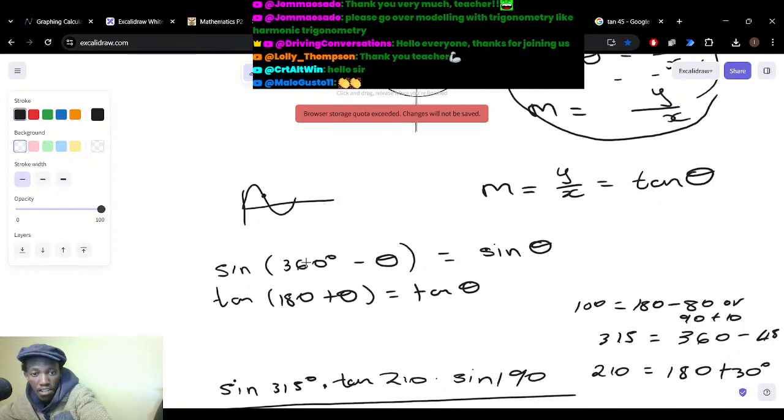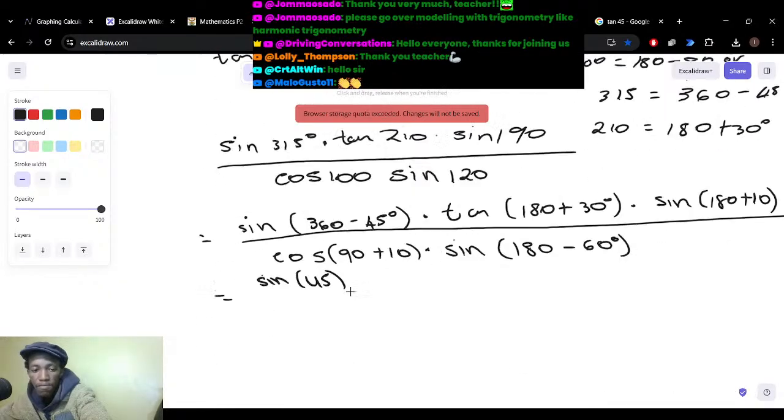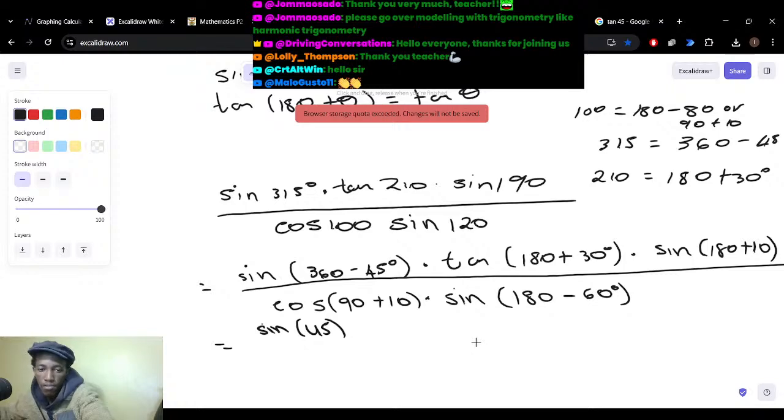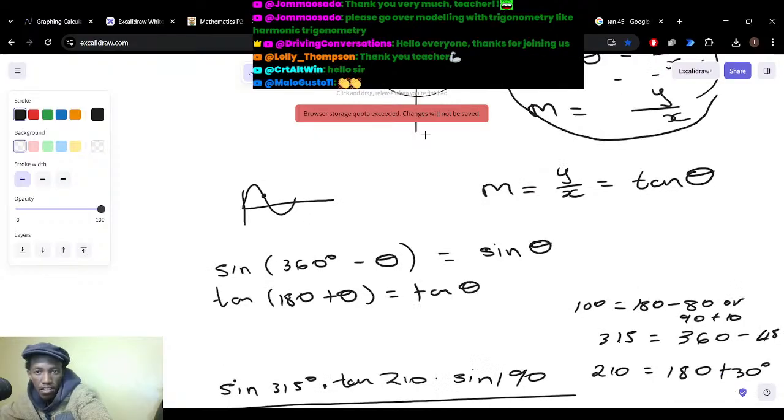Remember the period of sine and tan. The period of sine is 360 and the period of tan is 180 degrees. So tan 210 is multiplied by tan 30 degrees.